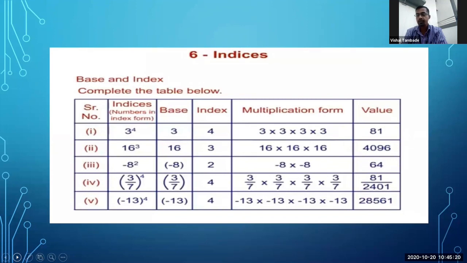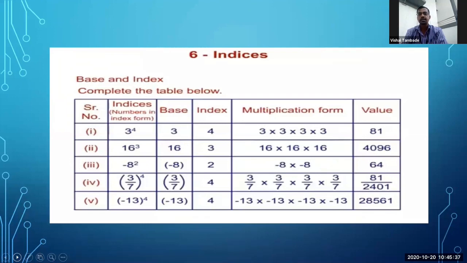Then find out the value. You have to multiply 3 multiply by 3, then multiply by 3, then multiply by 3. Then our value is 81. Like this, we can solve any type of problem.